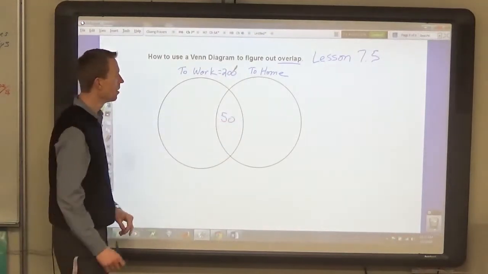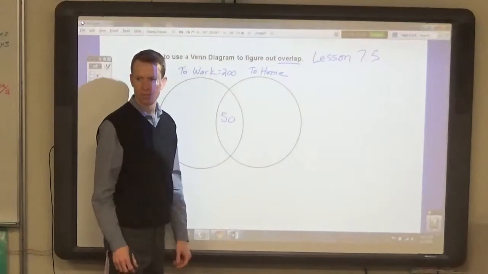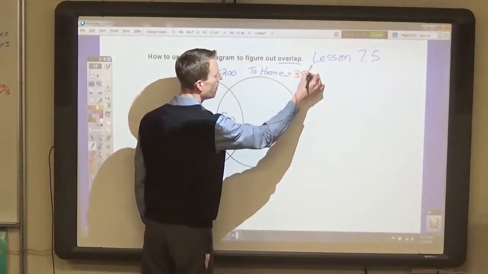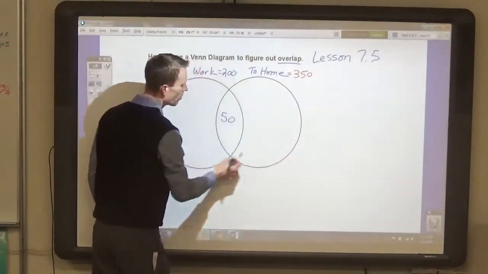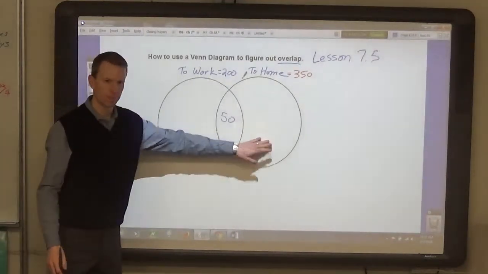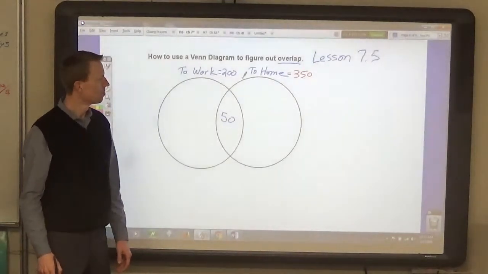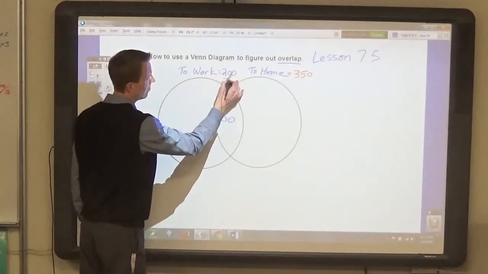How many people sit in traffic going home? Tyler? 350. 350 total, right? So in this circle is 350. Now, how do we fill in the numbers? Alex? You put 150 to work since there's already 50 that do both. Right.